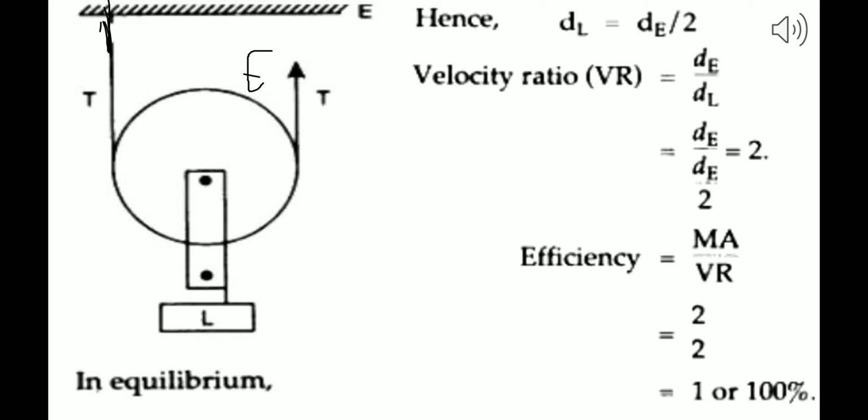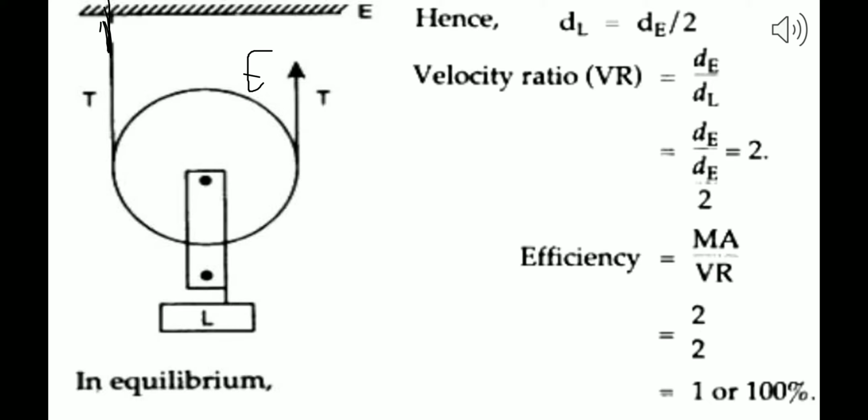Because you cannot have a loop towards the left rope. It will be all connected. So if the load moves x distance above, the effort will move twice the distance that the load has moved.